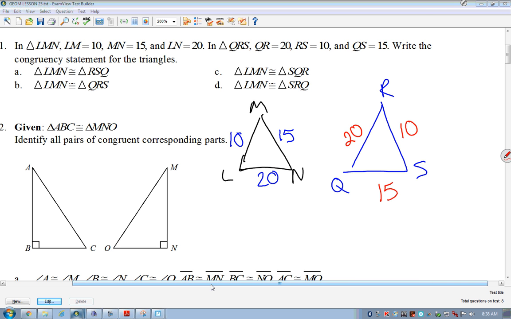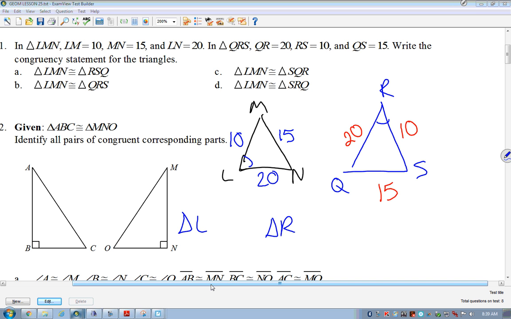Okay, so I want to know what corresponds to L. See how L shows up between 10 and 20? I want to look over here and see what is between 10 and 20 on my other triangle. R. Good. So L corresponds to R. What corresponds to M? Where is M? What is M between? 10 and 15.